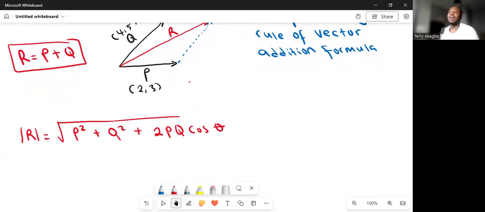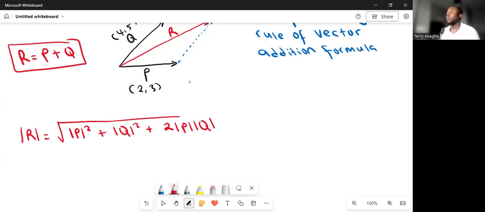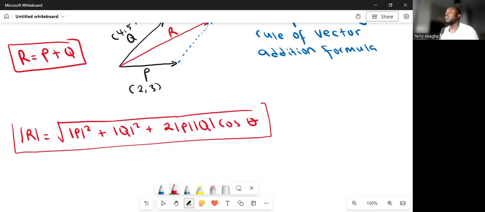This is not actually correct, because it's not just PQ, it's the magnitude of P and the magnitude of Q. So the most appropriate way to write it is the square root of the magnitude of P squared plus the magnitude of Q squared plus 2 times the magnitude of P times the magnitude of Q times cos theta. I gave you this formula in the previous video.